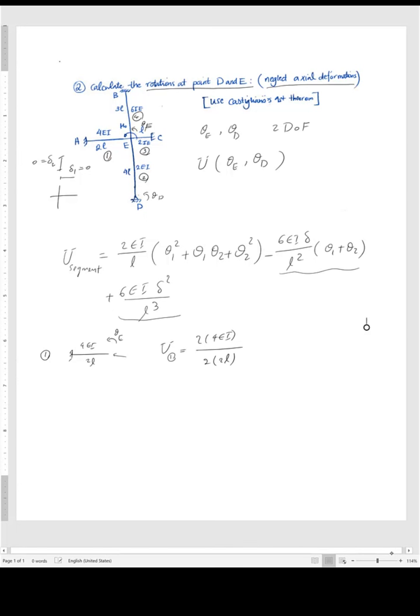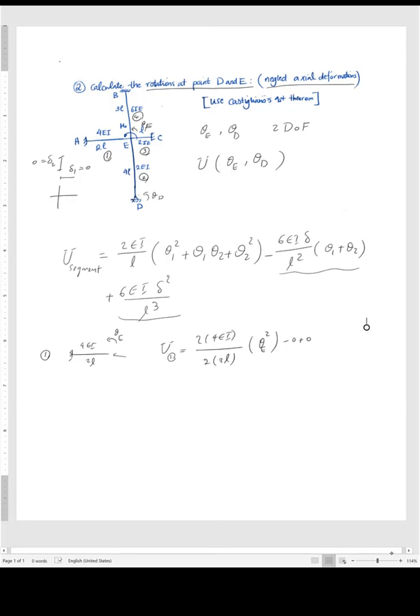You see, length of the segment is this. Now theta 1 is the theta to the left, 0, so these two become 0 for this member. I only have theta 2, which is theta E. So theta E squared minus 0 plus 0, which is the contribution of these two, is 0 because delta is 0.